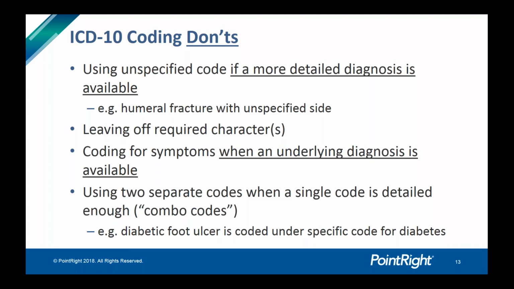Other issues like a basic code for COPD without any more specificities, to say with exacerbation or without exacerbation. There are a lot more pieces that make ICD-10 codes as specific as they really are. So don't just fall back on using unspecified codes if there is a more detailed diagnosis available in the documentation.